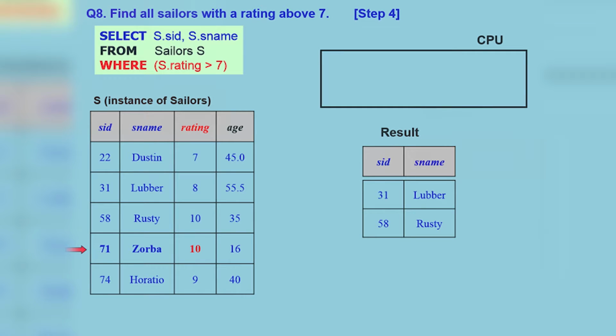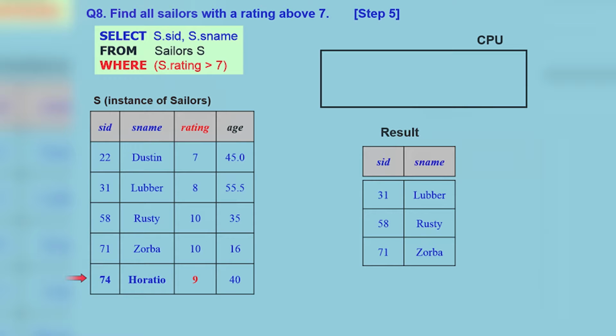Let's check Zorba. Is 10 greater than 7? Yes, of course. We add Zorba to our result table. And last row, Horatio.